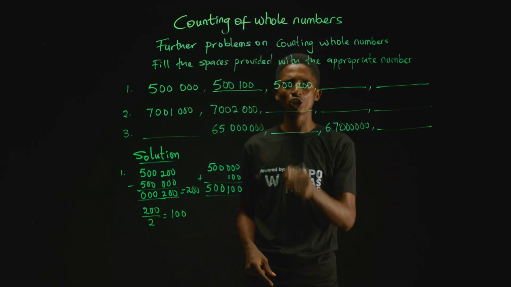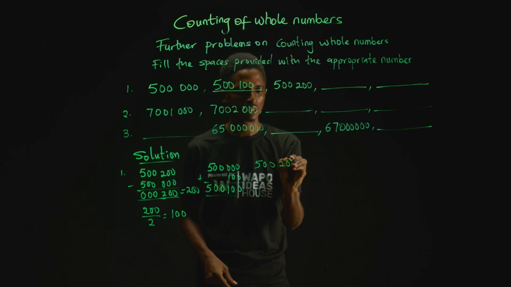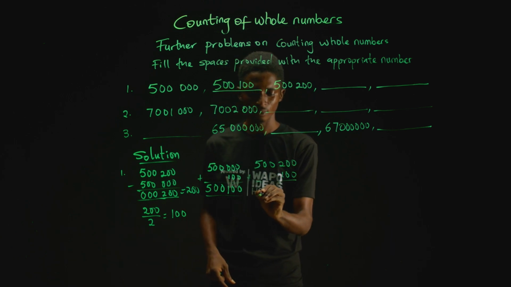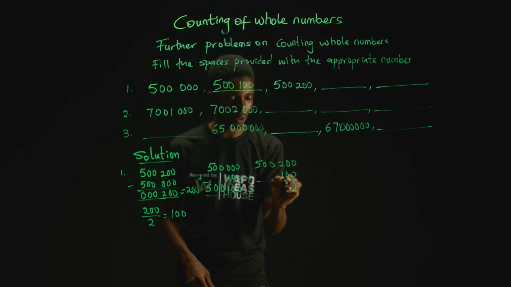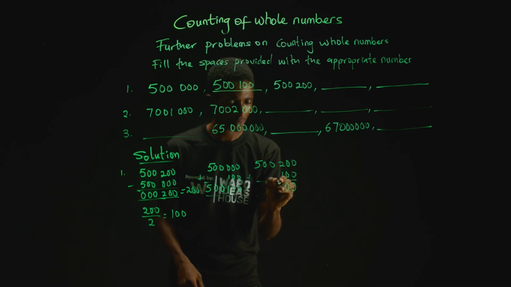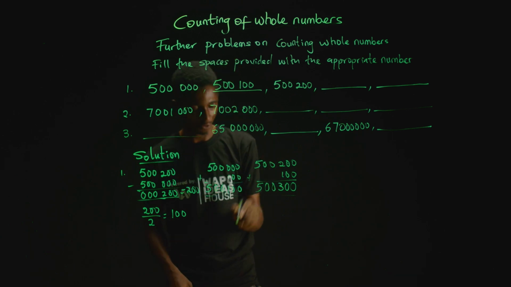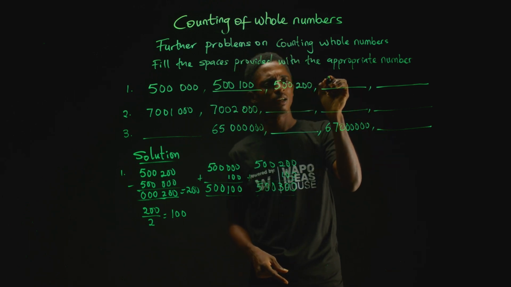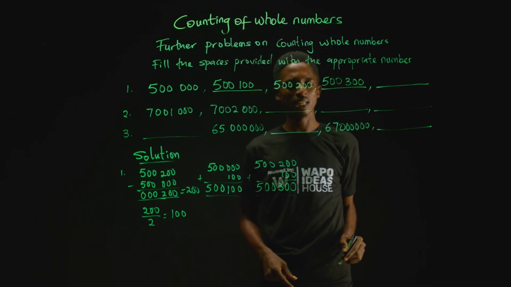The same thing for the next: you add 100 to this. So we have 500,200 plus 100. 0 plus 0 is 0, 0 plus 0 is 0, 2 plus 1 is 3, 0 plus 0, 0 plus 0, 5 plus 0 is 5. Meaning the next number, when you add 100, will be 500,300.